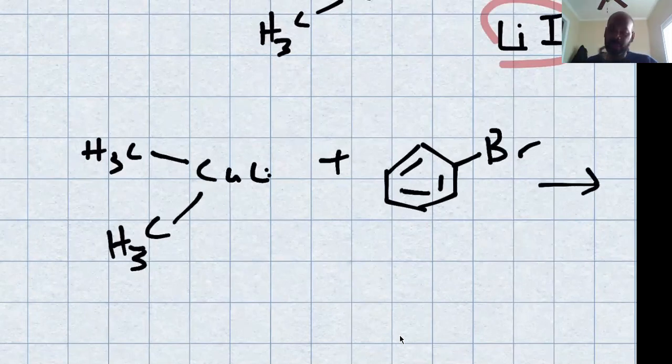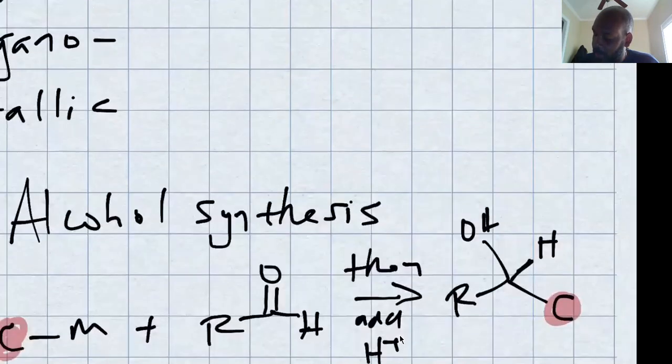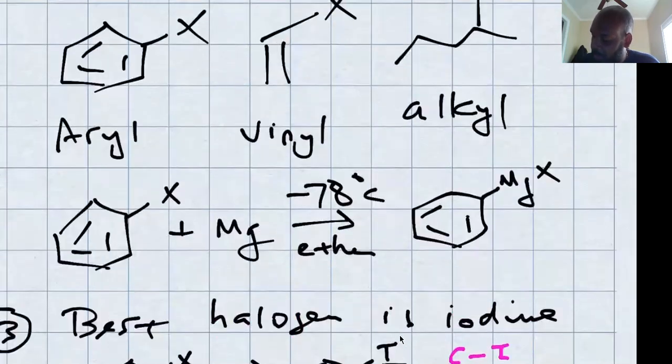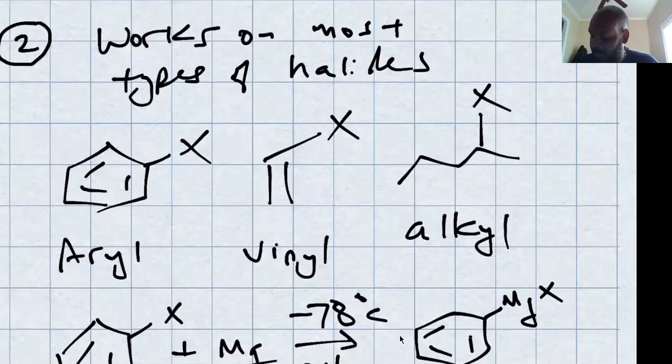For the Gilman reagent, it can react with any type of alkyl halide, aryl halide, or vinyl halide. It works with all of them. And the Gilman itself, just like a Grignard, can be alkyl, aryl, or vinyl. Y'all remember that from Monday, when we talked about the different types of Grignards that are available? You can make any type of Grignard, and you can use any type of halide or something with a good leaving group like a triflate.